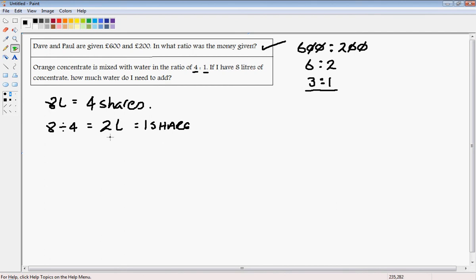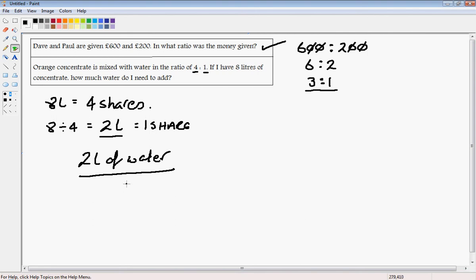Okay, so if I know 2 litres is 1 share, we only want 1 share of water to mix, so we would need 2 litres of water. Job done.